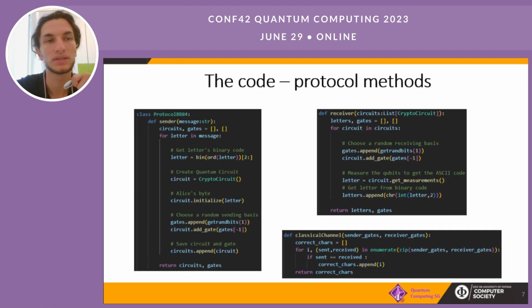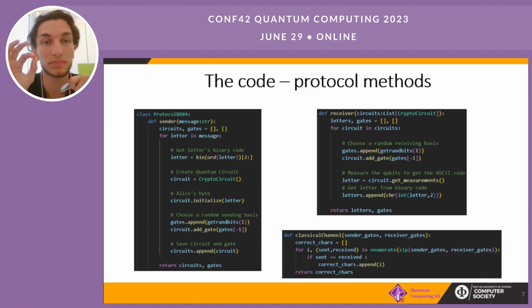Now let's dive a bit deeper, looking at how the previous static methods are actually implemented. On the left, you can see the sender method, whose input is only the message.